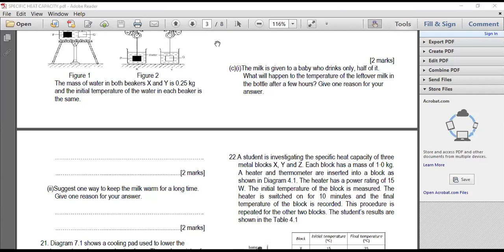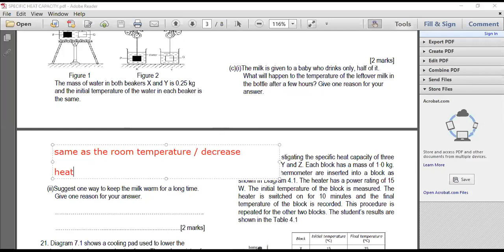So you can say the temperature decreases, because of heat loss to the surrounding.